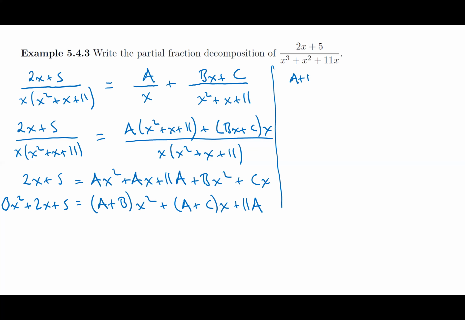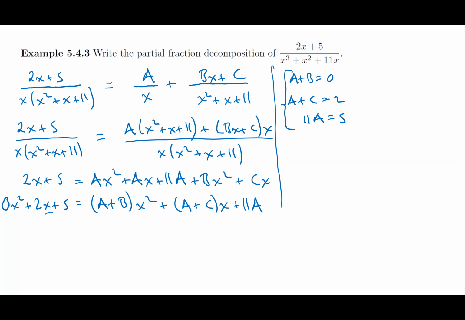A plus B equals 0. A plus C equals what? Well, what's the coefficient of x on the left? It's 2. And then 11a equals 5. Okay, so this is a system of linear equations.